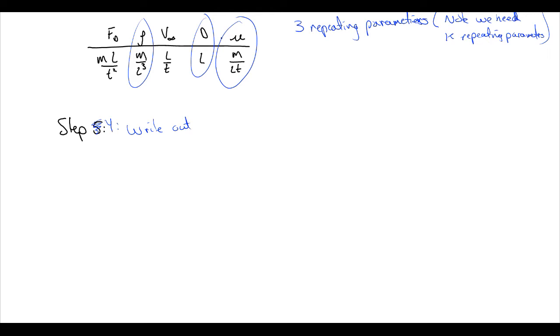And so what we know is that our pi 1, for example, is going to be equal to our force times, so we're using this physical variable, and we're going to cancel out all of its units using our repeating parameters.